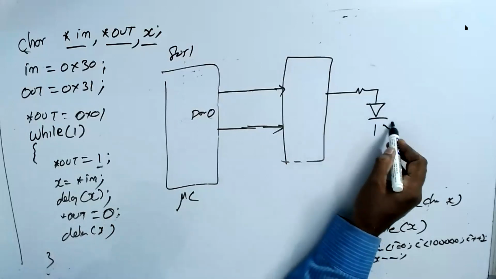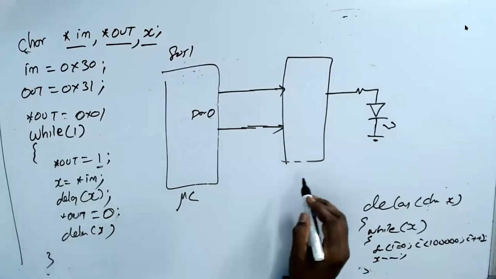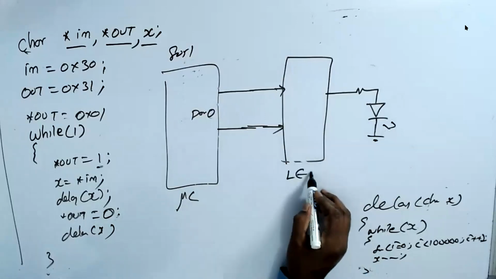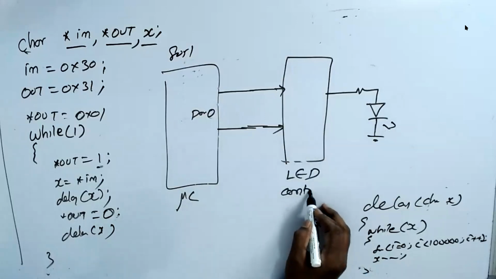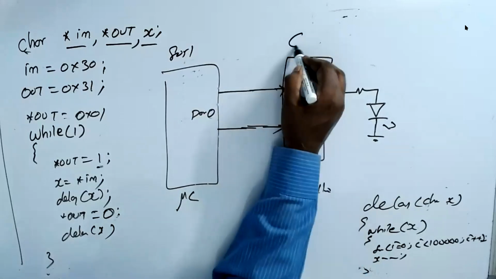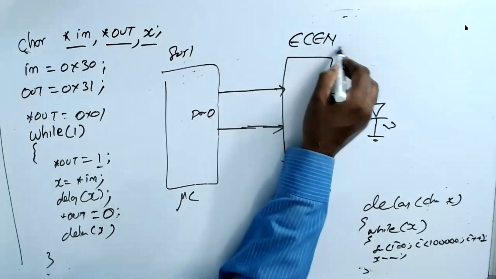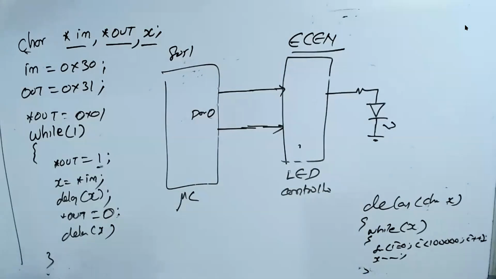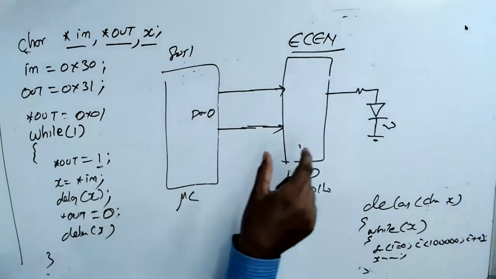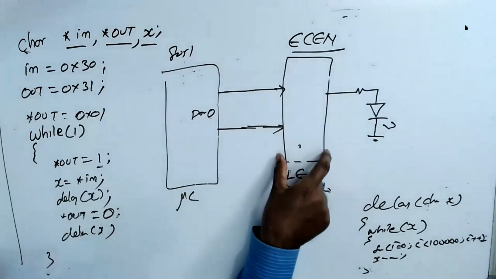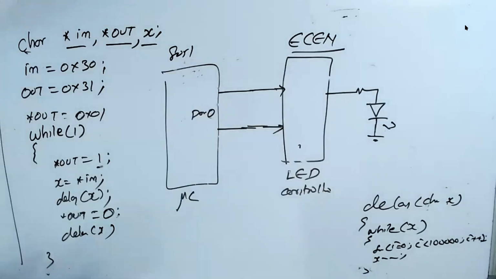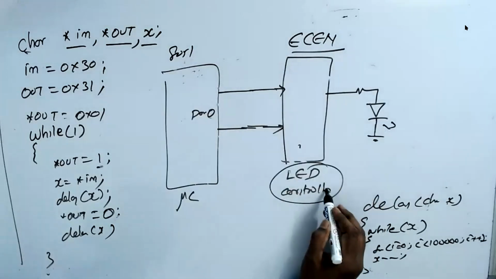Understand now? This is my LED controller, manufactured by Eastern, assuming. Eastern manufactured this and gave it to you. You bought it. Now you use this in your circuit along with the 8051. This is called an LED controller or LED blink controller.